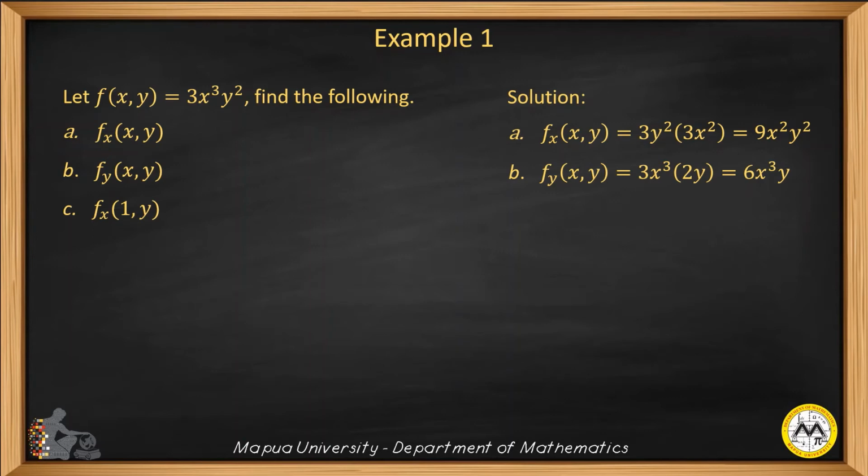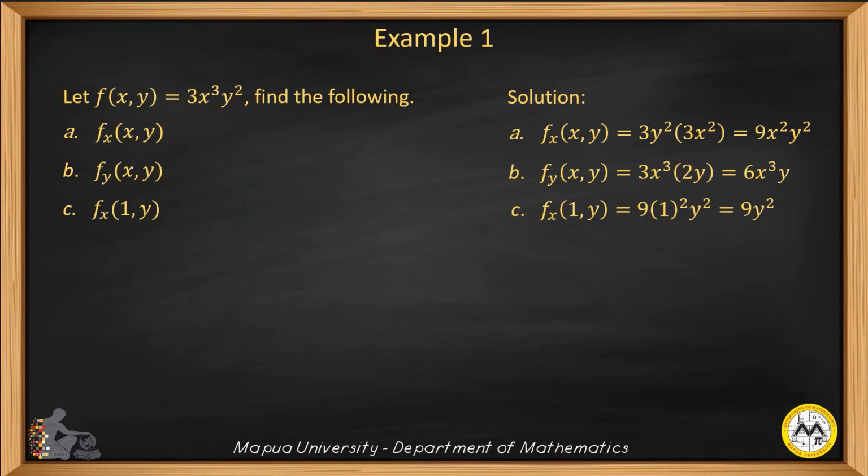Now, if we are asked the partial derivative of f with respect to x evaluated at (1, y), then what we do is we first work on the partial derivative of f with respect to x, and that is given by this expression. We have 9x squared y squared.